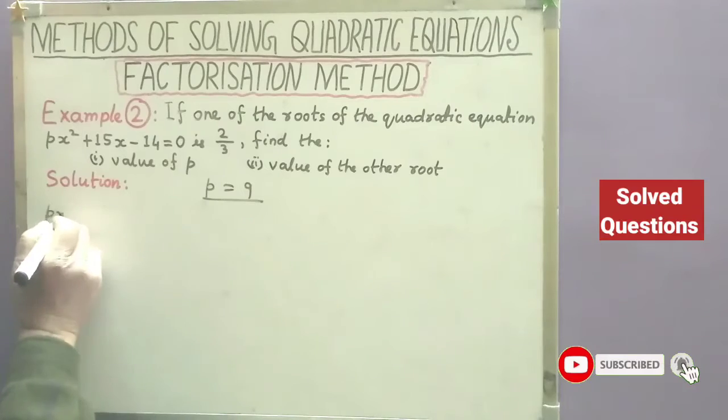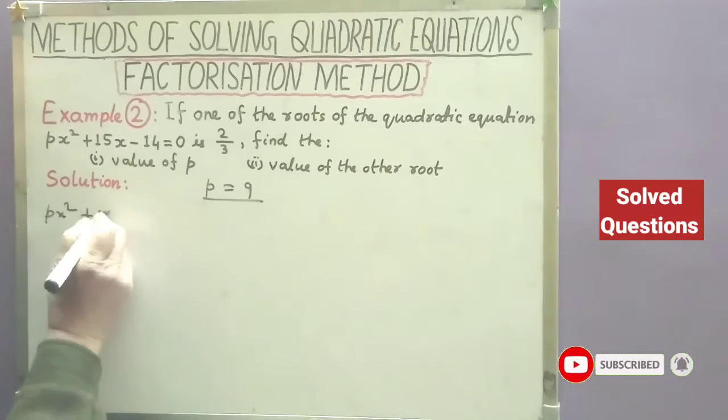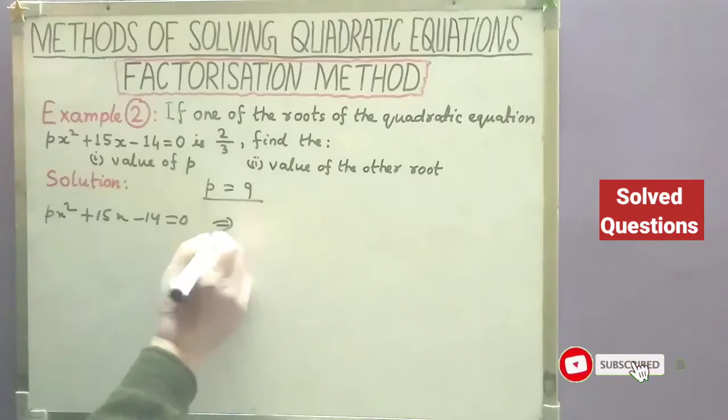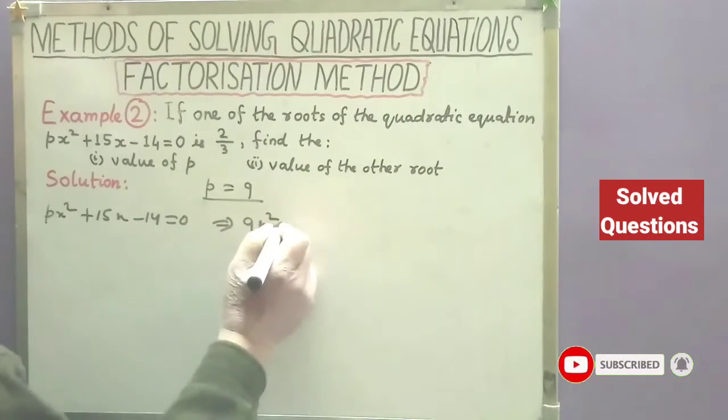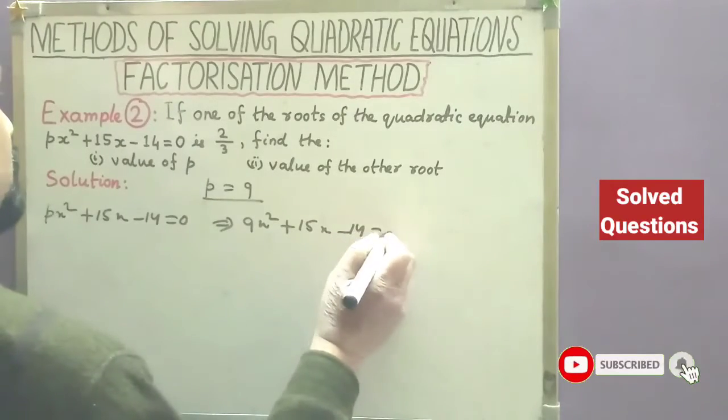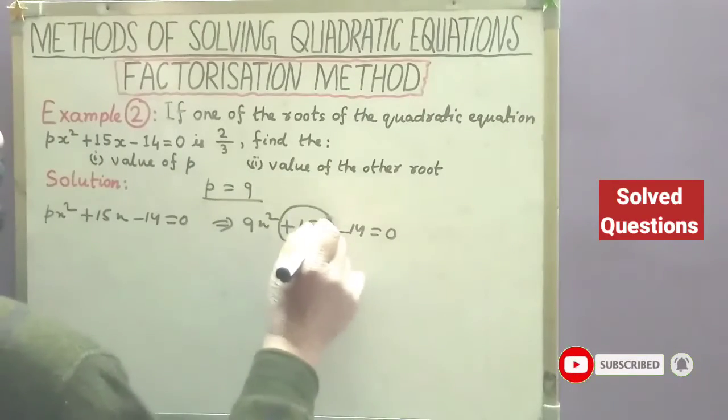For the second part, we have px² + 15x − 14 = 0. Putting the value of p = 9 in this equation, we get 9x² + 15x − 14 = 0.